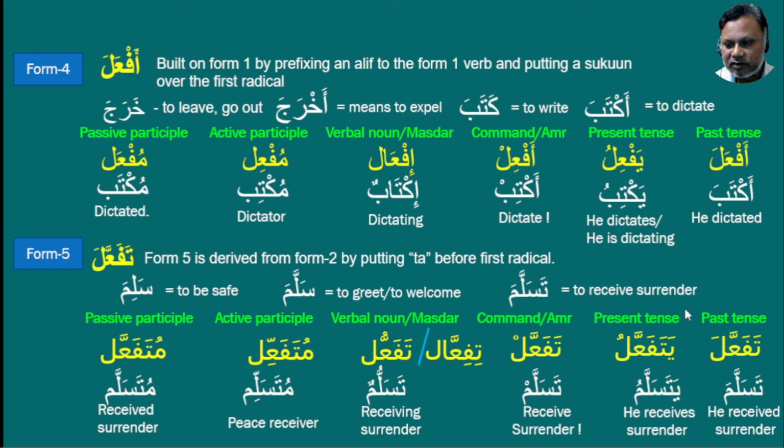If we know these 6 conjugations, then for other pronouns like ana, nahnu, anta, antuma, anti, antum, antunna, and huwa, hiya, hum, humaa, hunna, all the other pronouns, we can do the conjugation very easily. That's why I am giving just these 6. On the other hand, these 6 conjugations are frequently used in different sentences in the Quran.